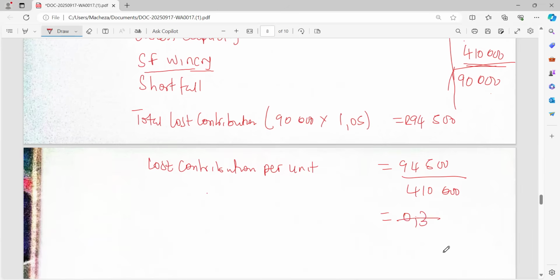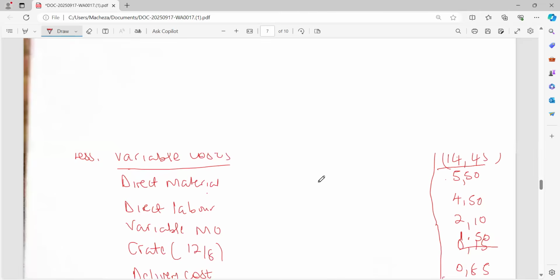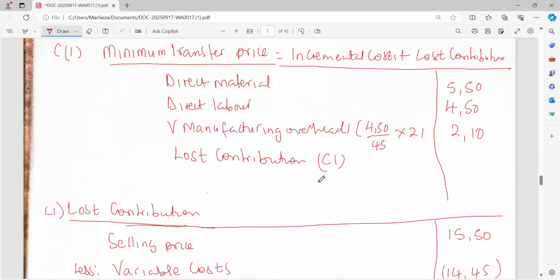That is going to be your lost contribution. So we have our lost contribution. See, it's a long working just for that. Where were we? So the lost contribution is 0.23. So we now have our minimum.